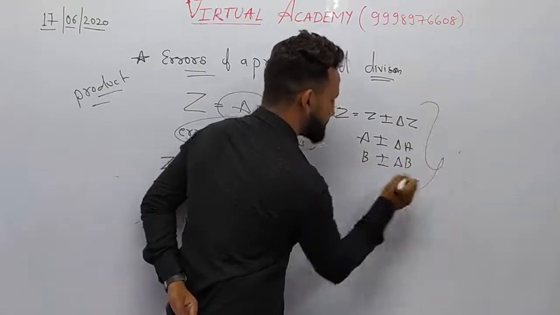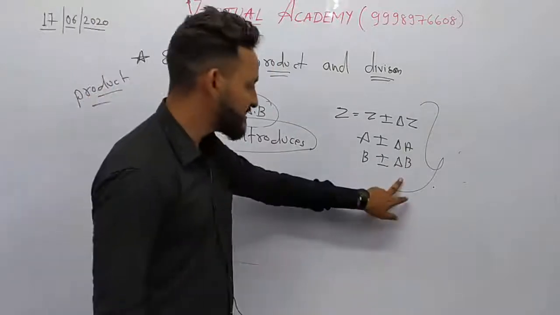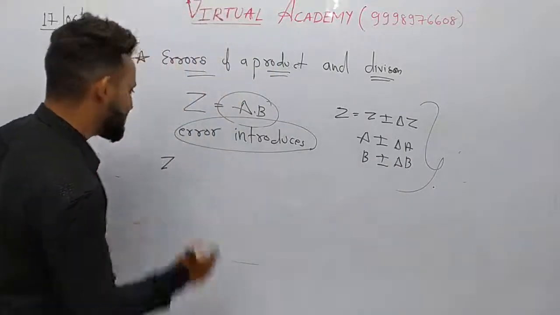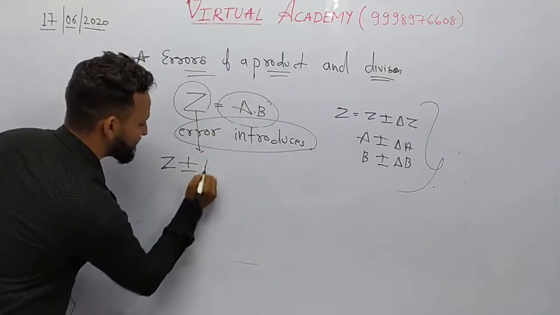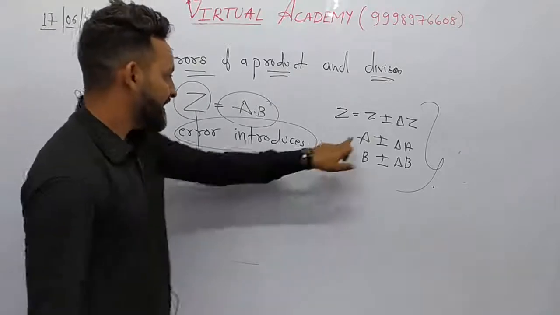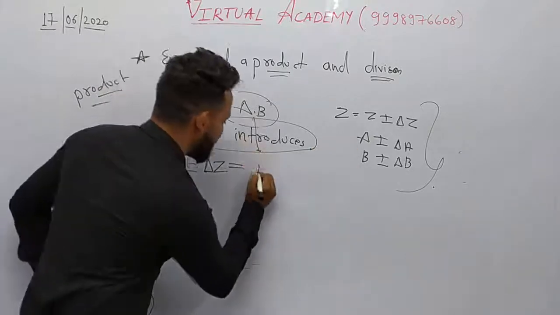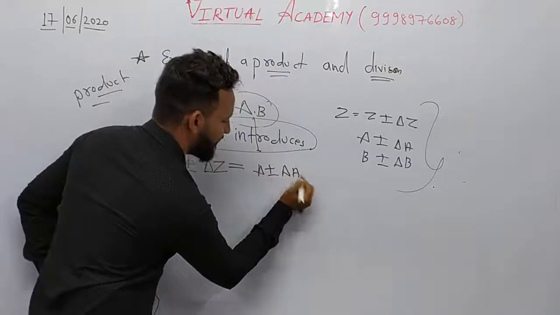We have to follow these three things at all places. For Z it is Z plus minus delta Z, and for A it is A plus minus delta A.